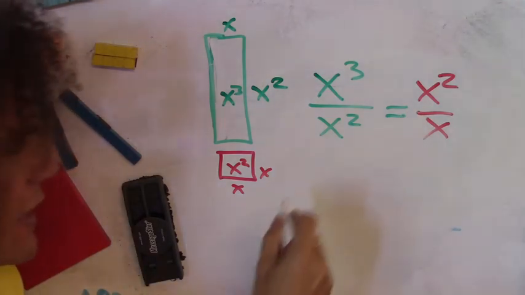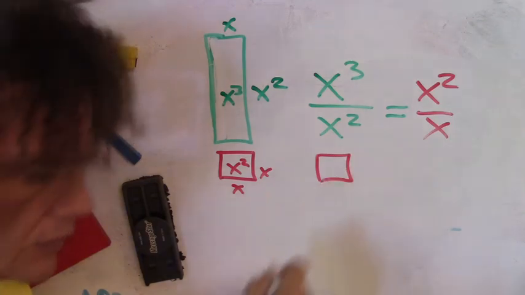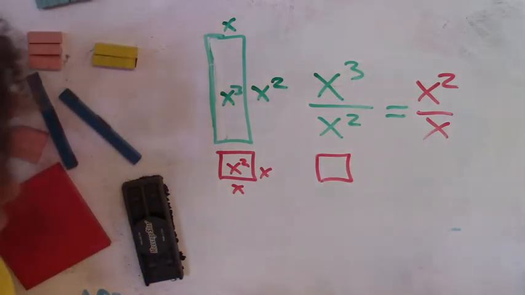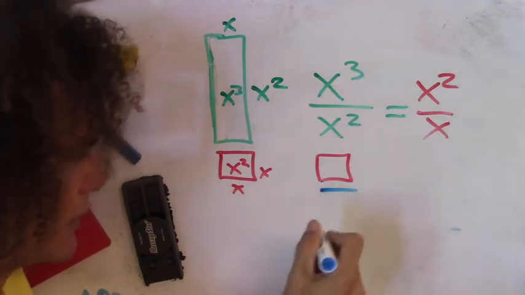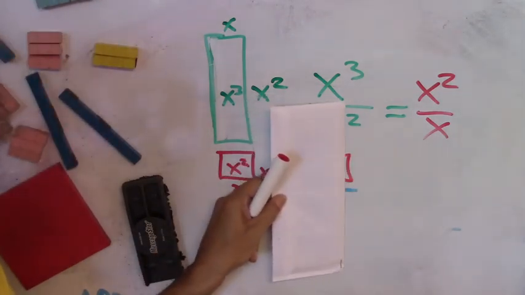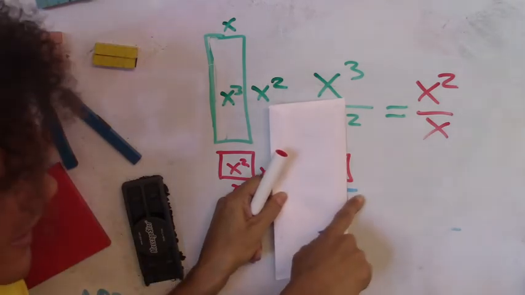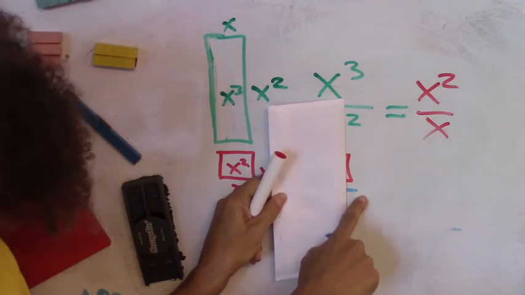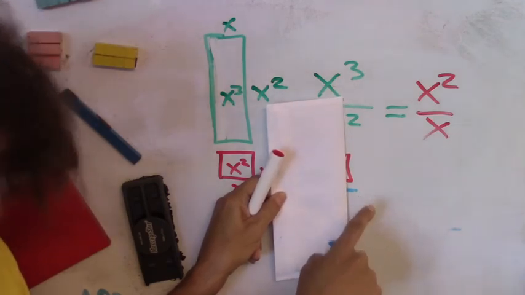So let's do that. I've got x squared over x. Now what do I have? X squared over x. X squared over, ooh, is that an x or just a 1? X squared over 1. I like it.